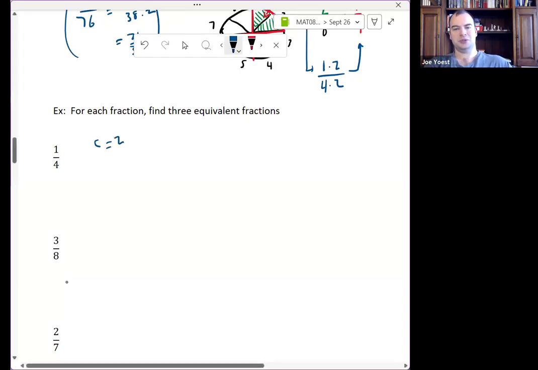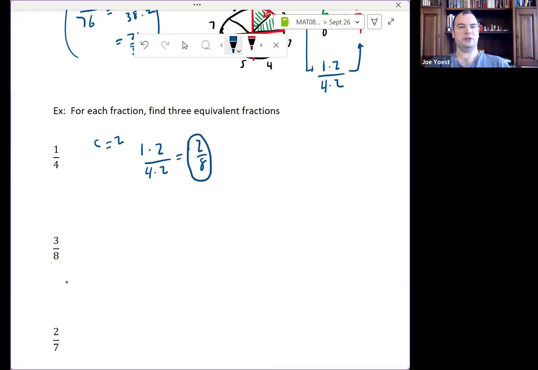Maybe if I pick c equals 2, then I get 1 times 2 over 4 times 2, or 2/8. 2/8 would be an equivalent fraction to 1/4. If I pick c equals 3, 1 times 3 over 4 times 3, that's going to be 3 divided by 12. So 1/4, 2/8, 3/12.